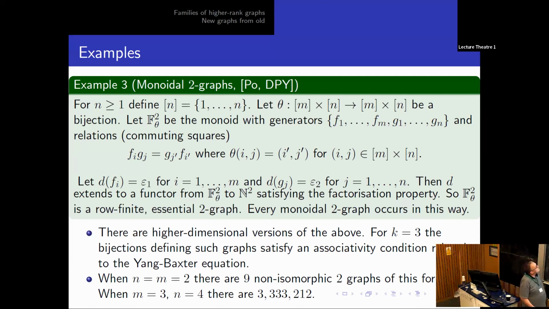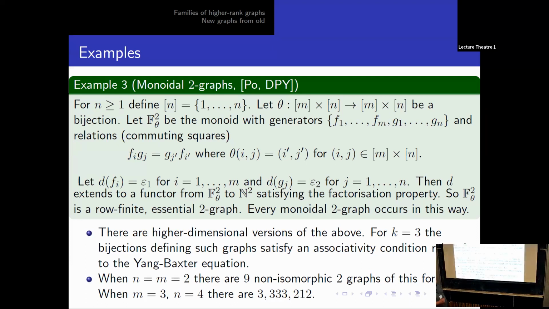And then you take a monoid with generators m lots of f's and n lots of g's, where there are no relations between the f's and no relations between the g's. But whenever an f and a g meet, you can swap them round like so, according to the matrix entry for ij. So f_i g_j equals g_j' f_i', when theta(i,j) is (i',j').